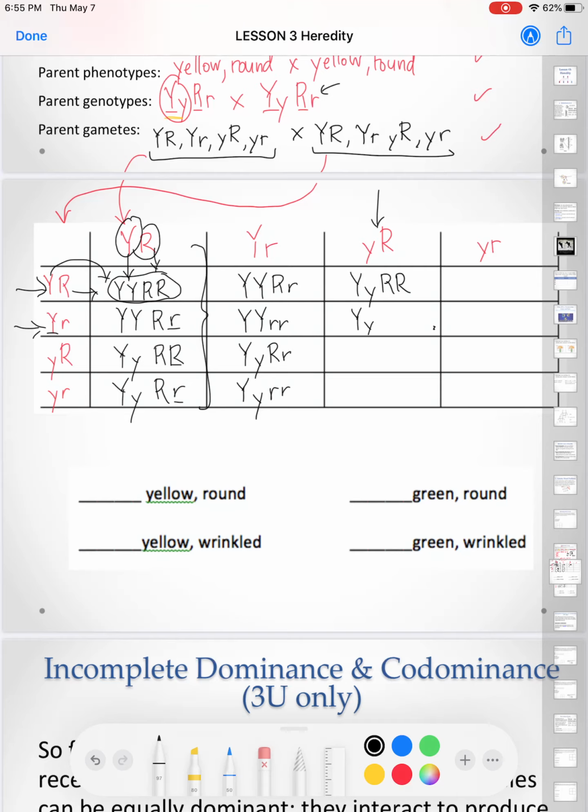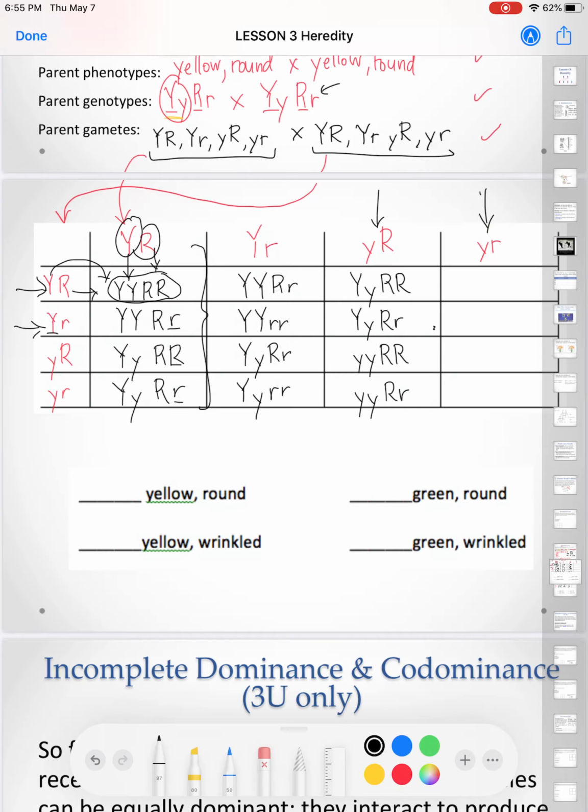So I'm going to have one of each Y and also heterozygous for R. And the third one, homozygous recessive for the Y's and homozygous dominant for the R's. And the last one, homozygous recessive for the Y's and heterozygous for the R's.